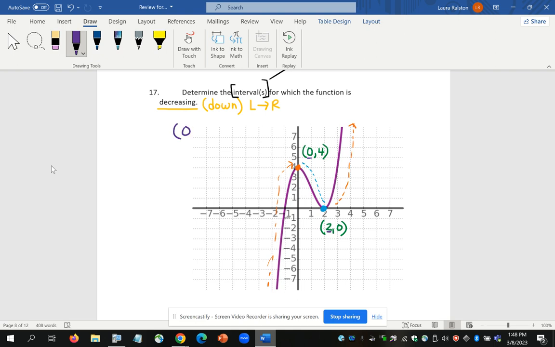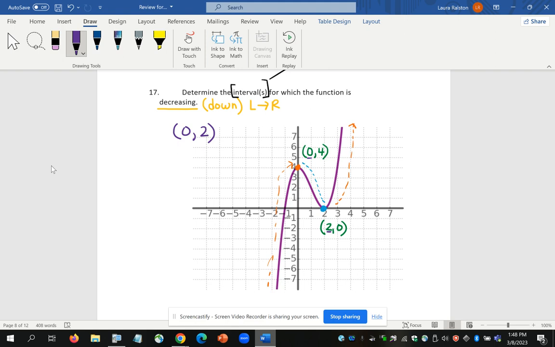And guys, we always use parentheses when we're thinking about increasing and decreasing. You'll never see brackets there. It's always parentheses. So I'm going down between 0 and 2.